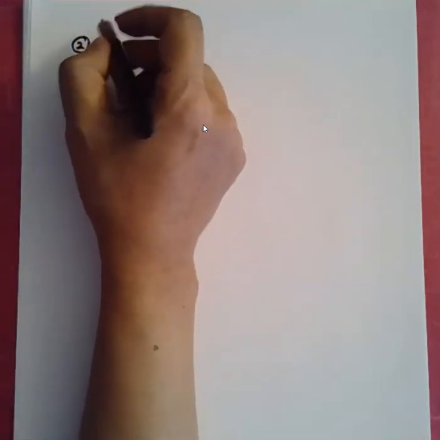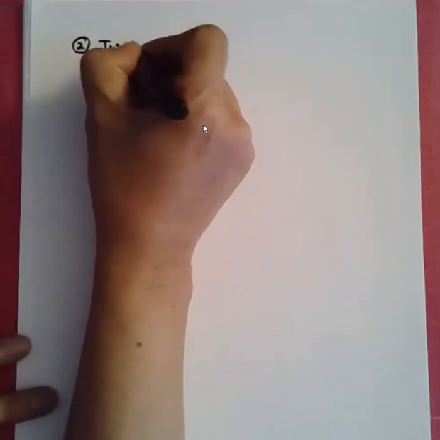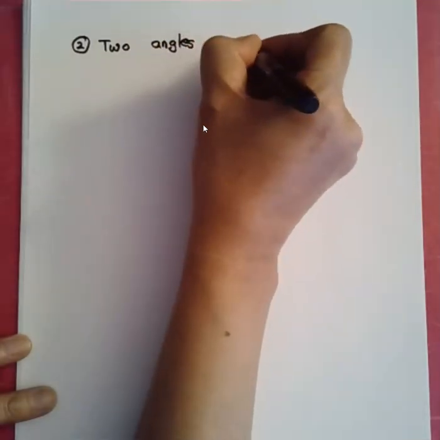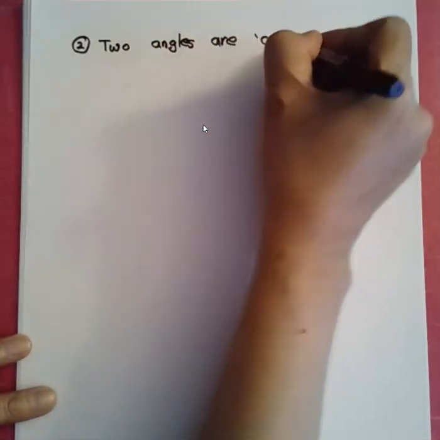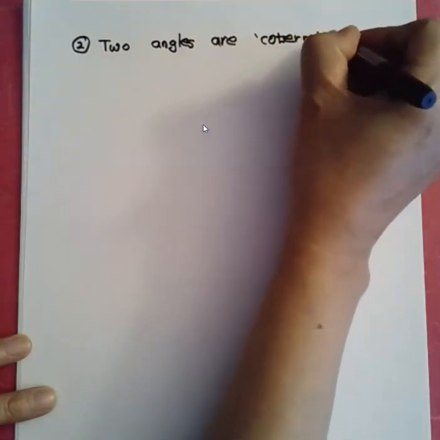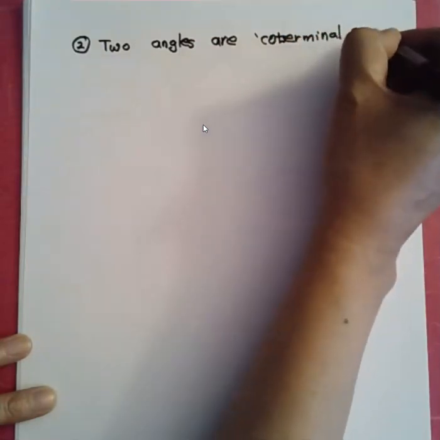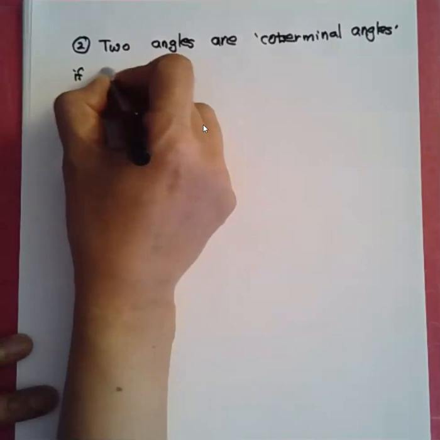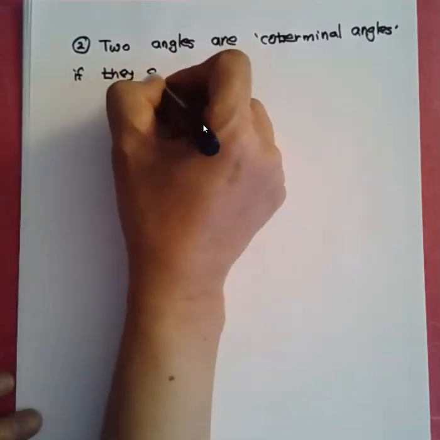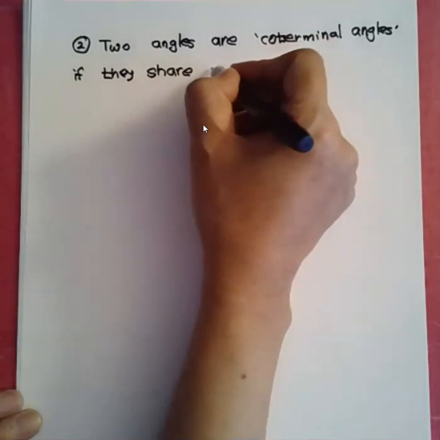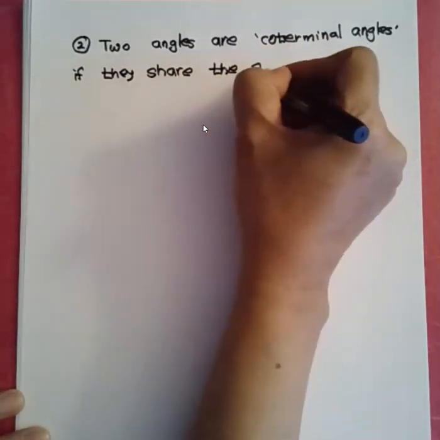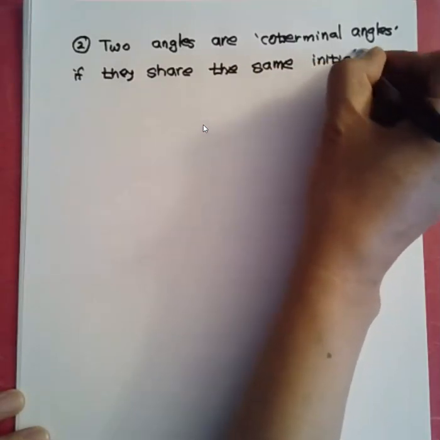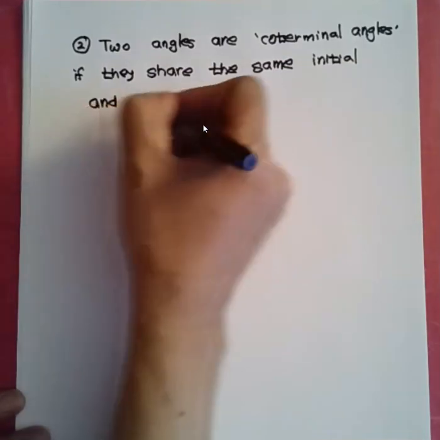Two angles are coterminal angles if they share the same initial and terminal side.